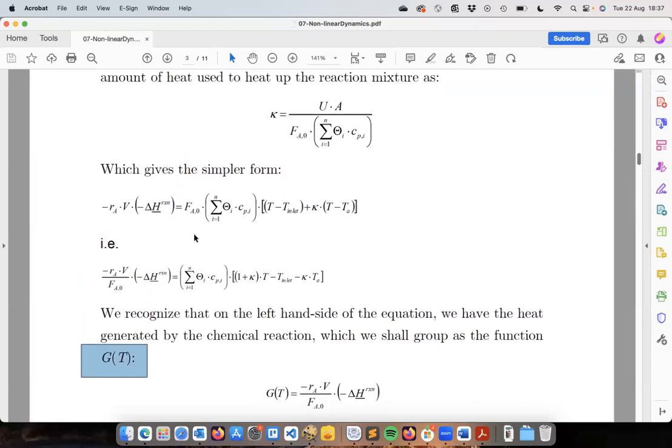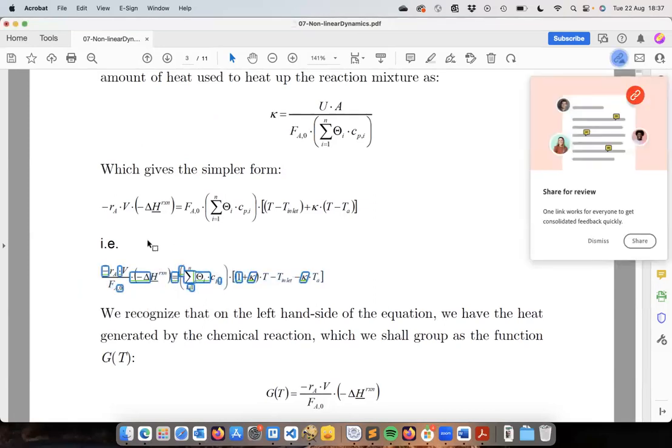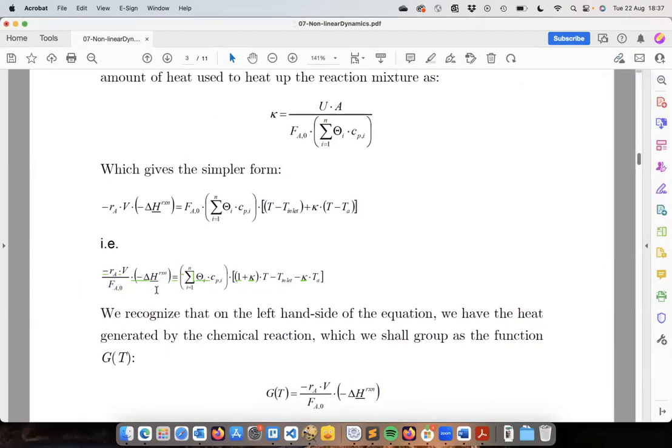But of course, we shouldn't be talking about generating heat. This term actually means that we are able to convert some of our chemical potential energy into thermal energy. So that's how we interpret this side. This has to do with the amount of heat that the reaction is giving off, right? So that's the left-hand side.